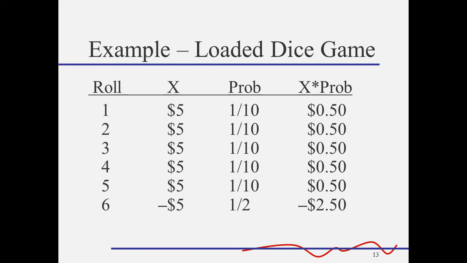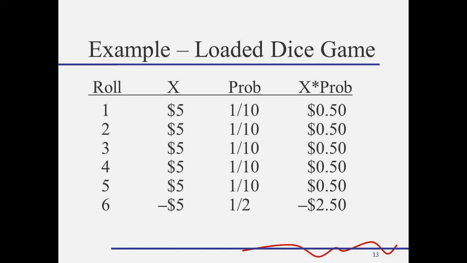If you roll anything less than 6, you win $5. If you roll a 6, you lose $5, so your profit is negative $5. Remember that this is a loaded die, and the probability of getting a 6 is 1/2. The probabilities for the other numbers are 1/10, so we fill those in the table.